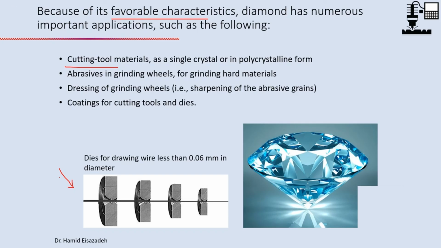The smallest one is 0.06 millimeter in diameter, so it can make wire with that small diameter. It also has application in dressing of a grinding wheel, as well as coating for cutting tools.